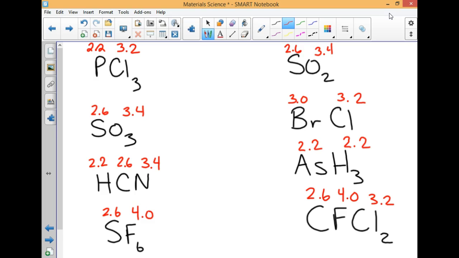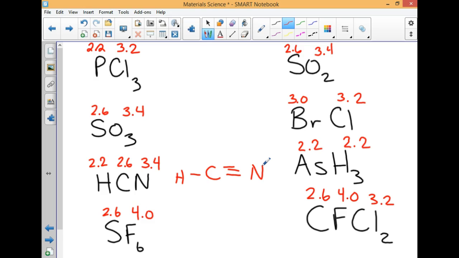This one looks a little bit strange. That is because, if we were to draw it out, it looks like this. Oftentimes, the first element is the central atom of the molecule.